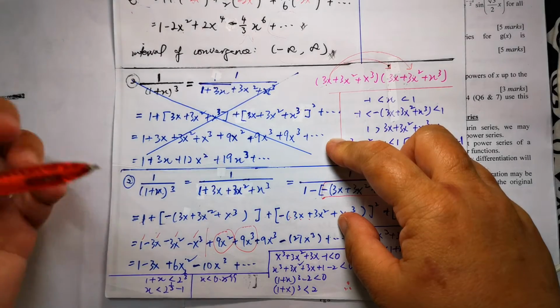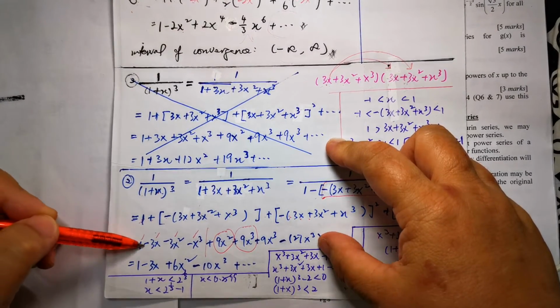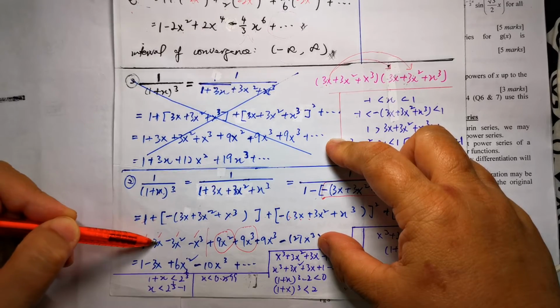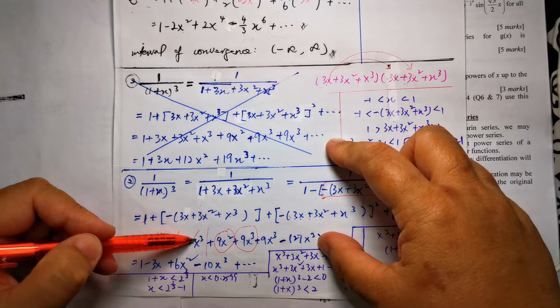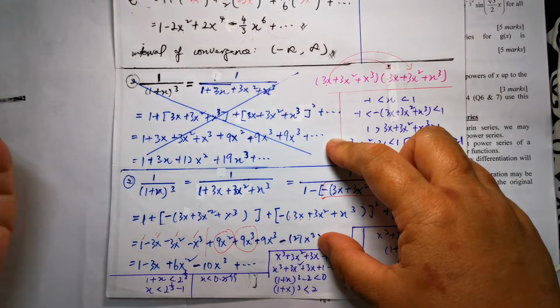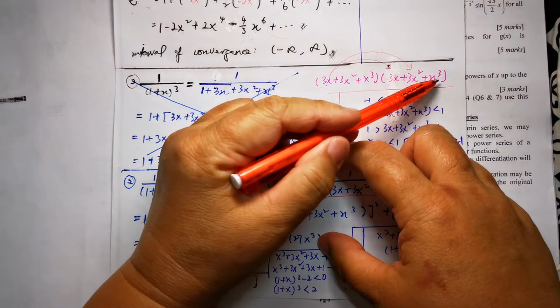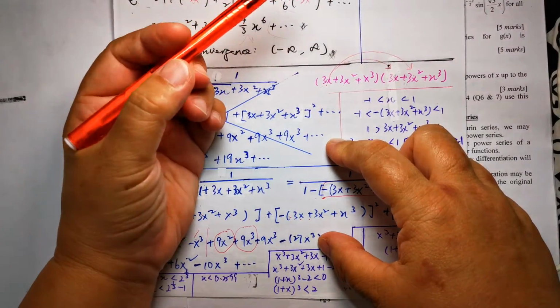But remember, we want the first 4 non-zero terms. So first 4 non-zero terms means start with the constant, x power 1, x squared, and x cubed only. Up to x cubed enough, because we only want the first 4 non-zero terms. So this one multiplied this one is x power 4 already, so we can omit it.